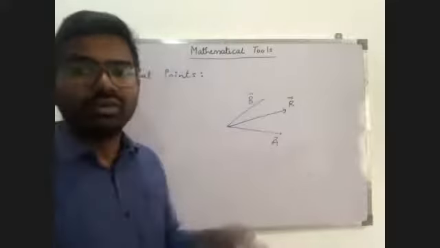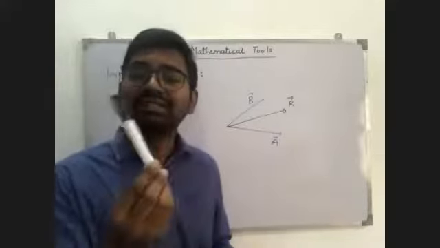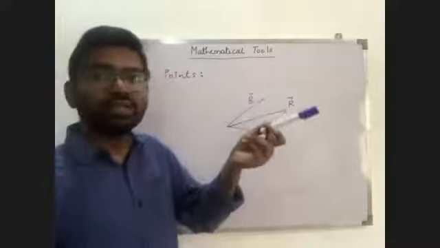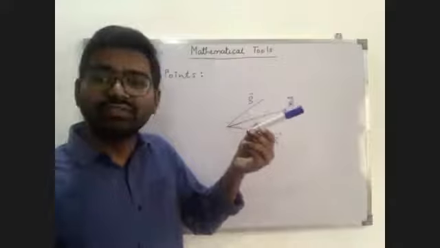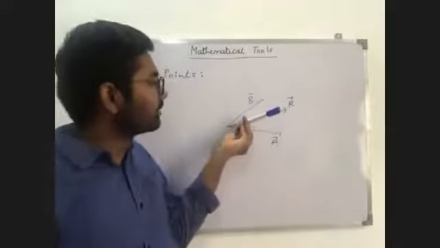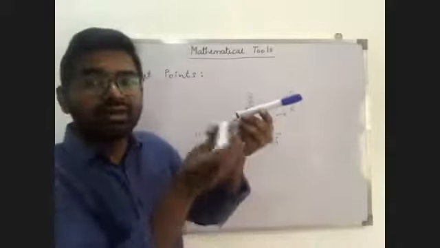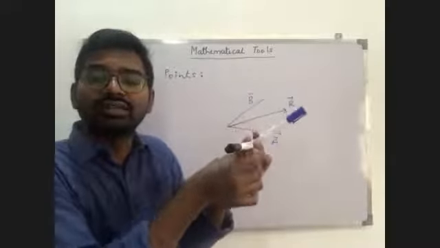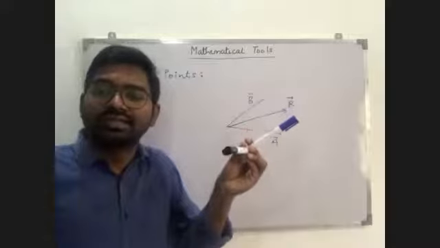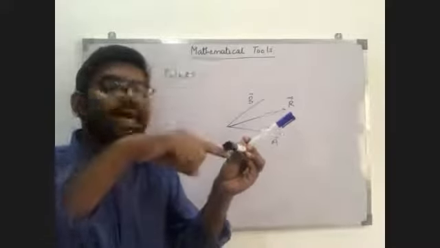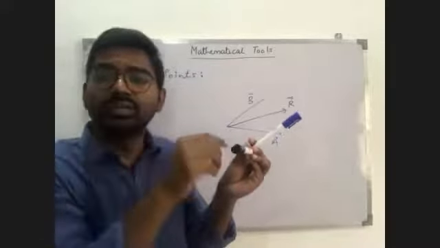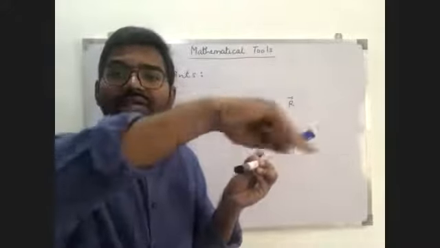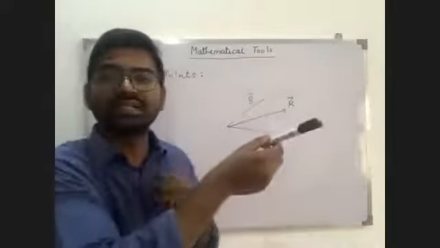Okay. Now let's take another vector which is non-coplanar. This is the resultant vector, the summation of A and B, and I am adding one vector which is coming towards you. Can I say that now this is a non-coplanar vector? The resultant and C are non-coplanar, and the resultant of these two is going to be somewhere here, something like this.